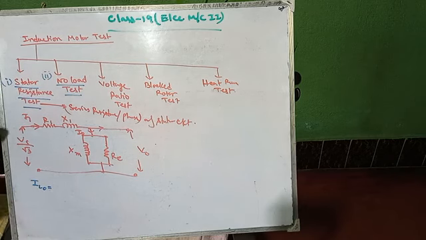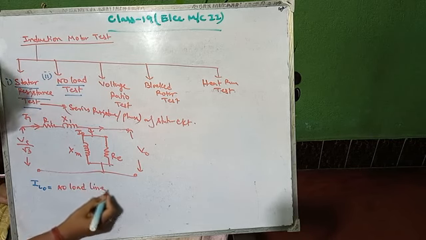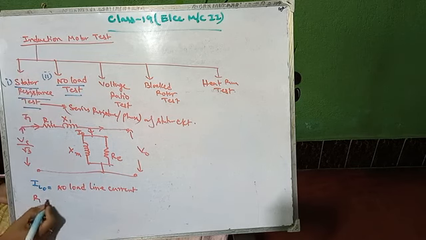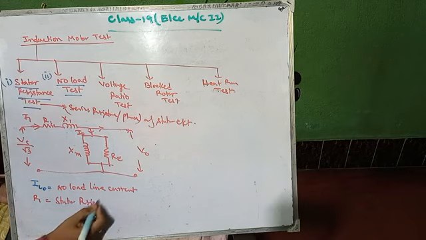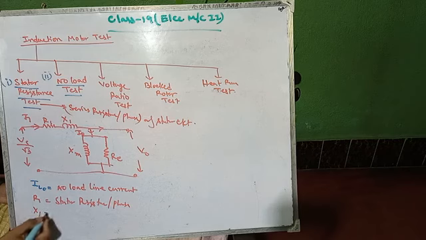First, before analysis of it, we have to denote some parameters. So IL naught equals no load line current. Next one, R1, stator resistance per phase, and X1 equals stator reactance per phase.